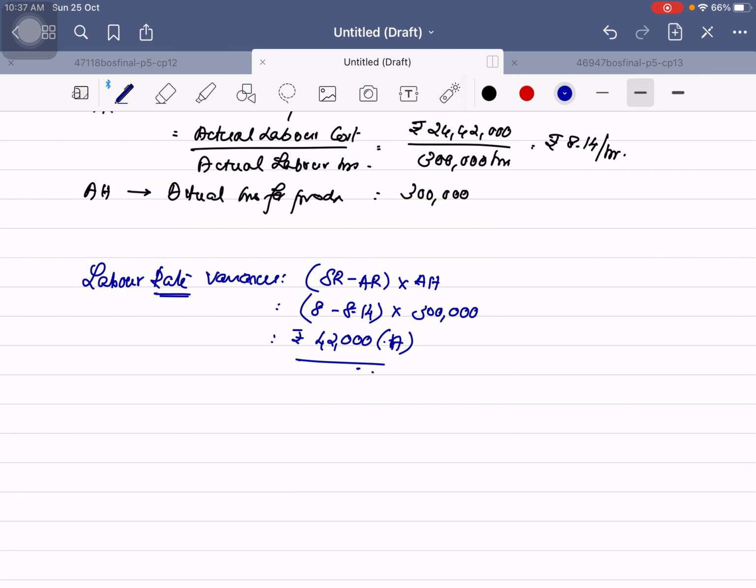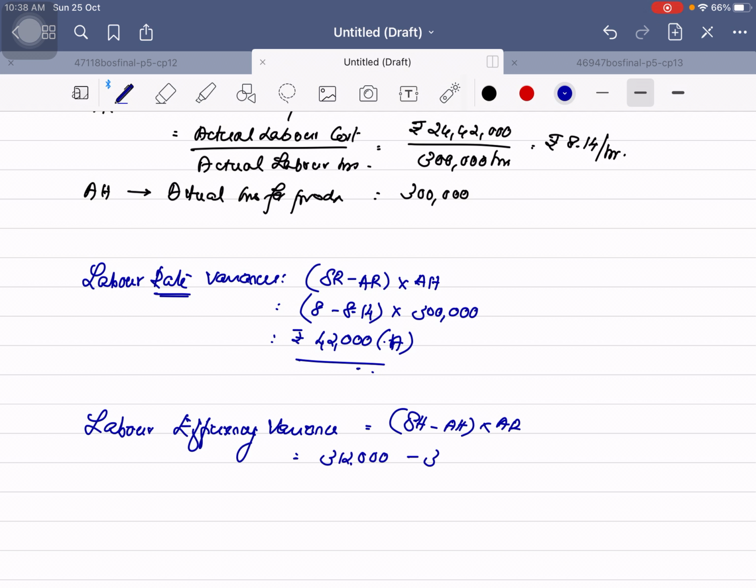Next is the labor efficiency variance. What is the formula for labor efficiency variance? SH minus AH into SR. What is SH? SH is 3,12,000, we have already computed that. Minus AH, which is 3 lakh, directly given.